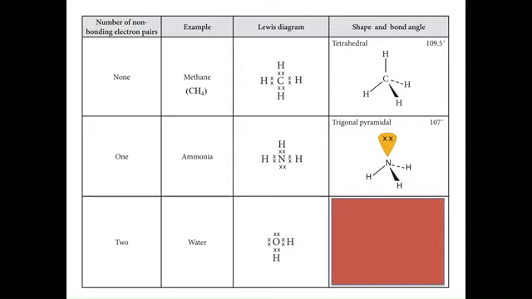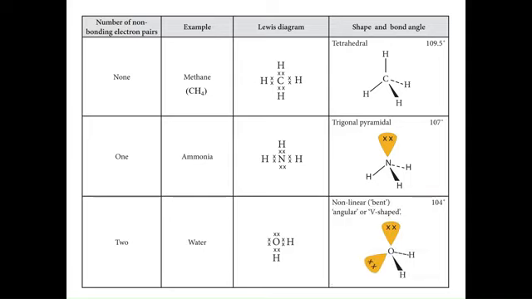And water is going to have that angular bent shape, or that V shape that we showed. The 2 lone pairs are going to be pushing away from each other and causing the 2 bonding pairs to squeeze together into this bent or angular structure.